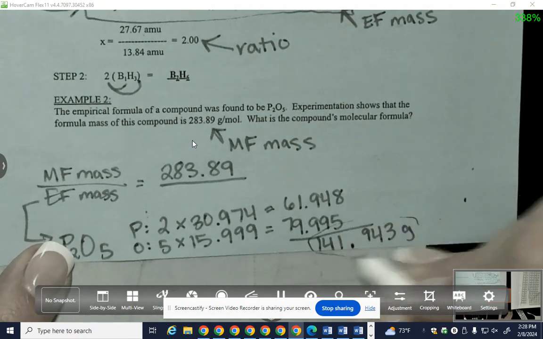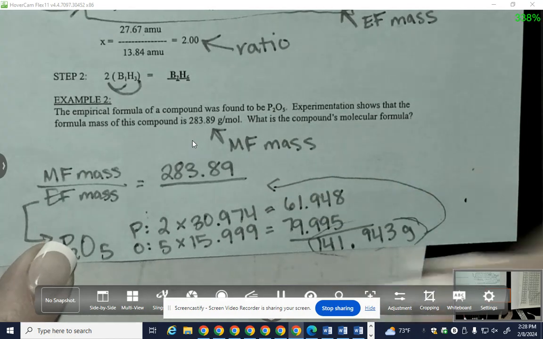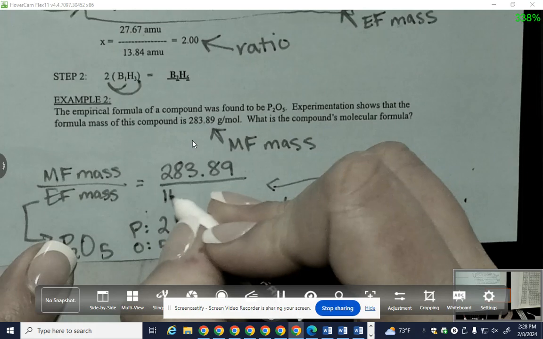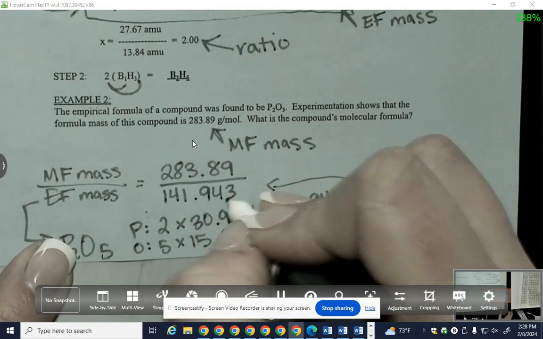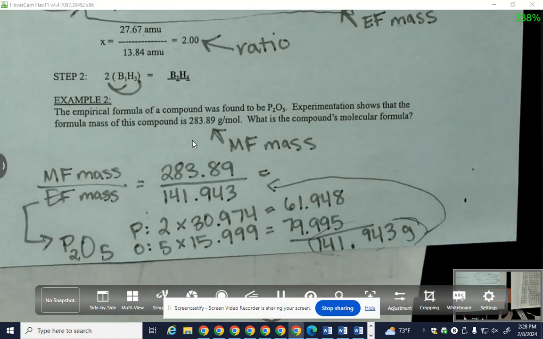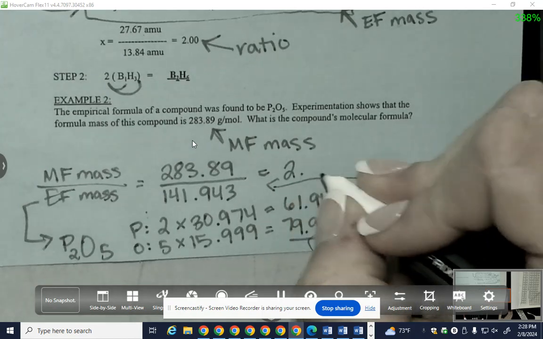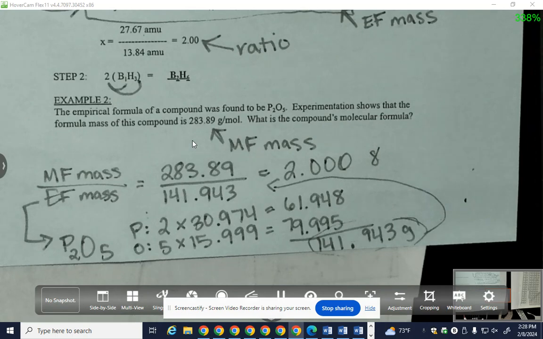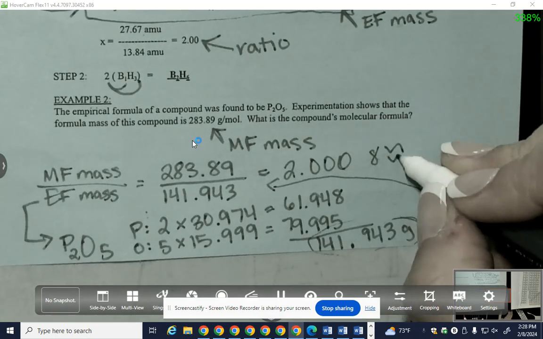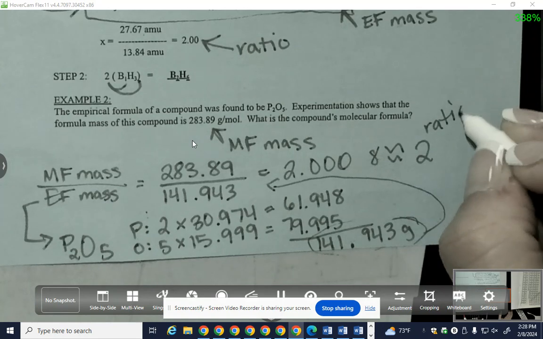So now we have this, and that's what we can put in down here. We're going to plug 141.943 into our calculator and divide them. We're going to see that it's 2.000000, and I think there's an 8 over here or something, which means this is approximately the number 2, right? That's my ratio.